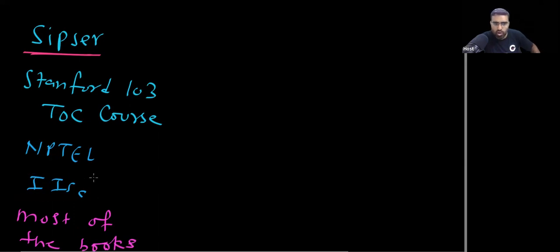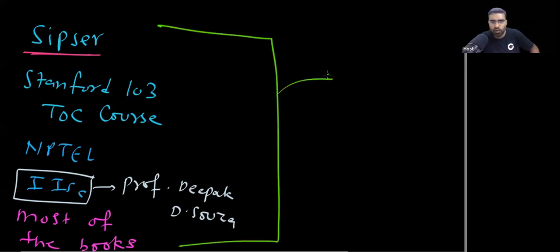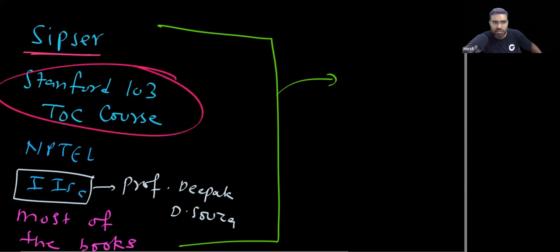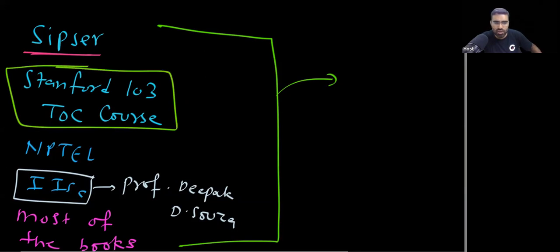I took this Automata theory course at IISc Bangalore, and you can study Professor Deepak D'Souza's slides. In all these courses, in most of the books, there is no epsilon NFA. Is this point clear? Most of the courses don't have epsilon NFA.